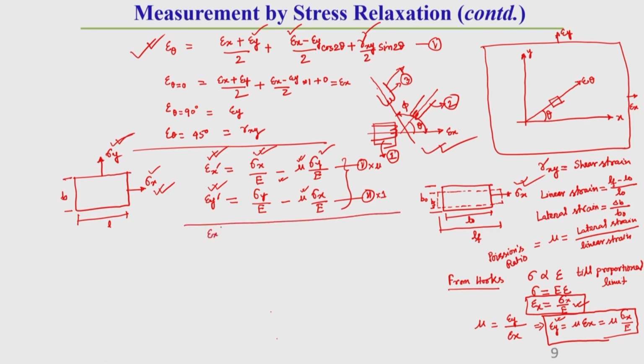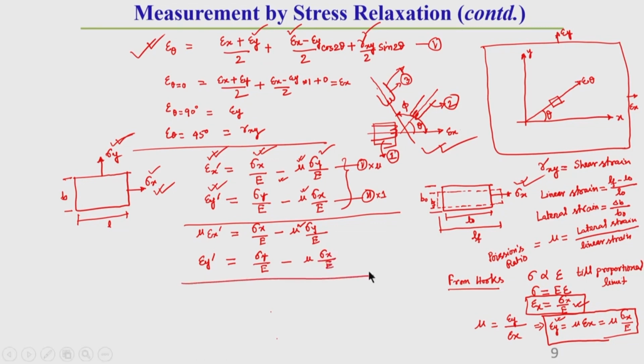Here we get mu into epsilon x dashed equal to mu sigma x by E minus mu square into sigma y by E, and here epsilon y dashed, which is the overall strain due to the combined effect of sigma x and sigma y along the y direction. You should keep this in mind. This will be sigma y by E minus mu sigma x by E.